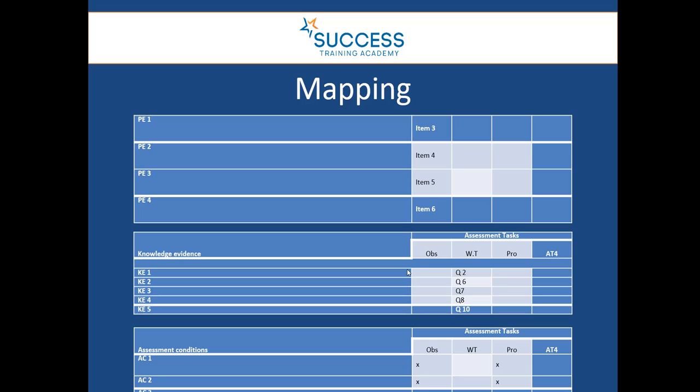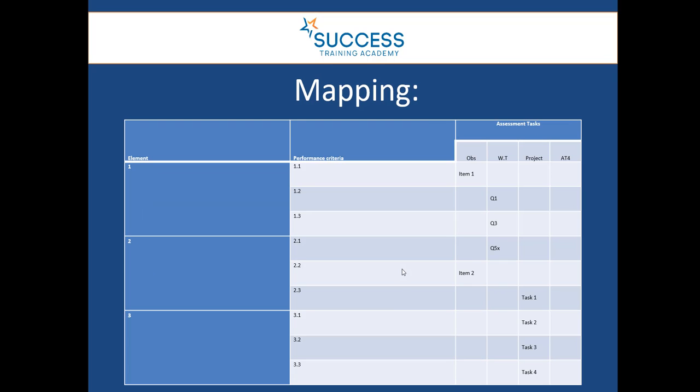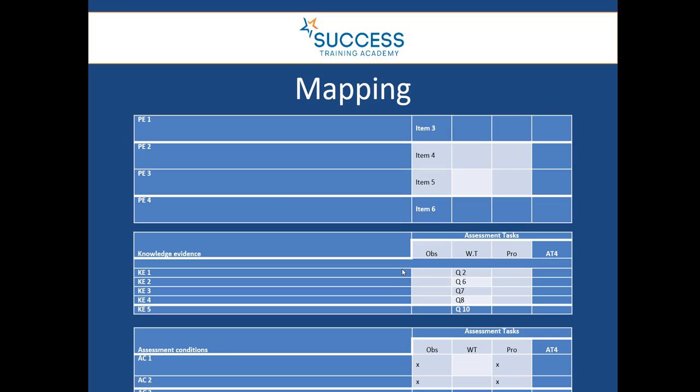All right, so another aspect of mapping, so let's extend it out. So we've got the performance criteria here. Now, if we continue the mapping, obviously we've got performance evidence, which is covered by the observations here in this case. Knowledge evidence, well, we've said as part of the written test. All right, and assessment conditions. Okay, so hopefully that's made sense to you.